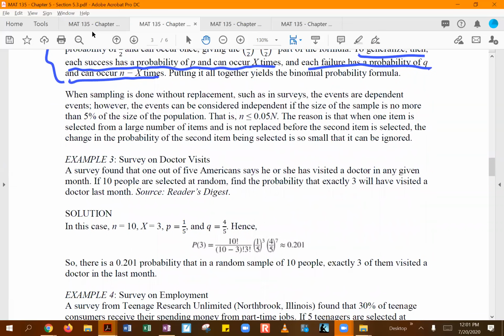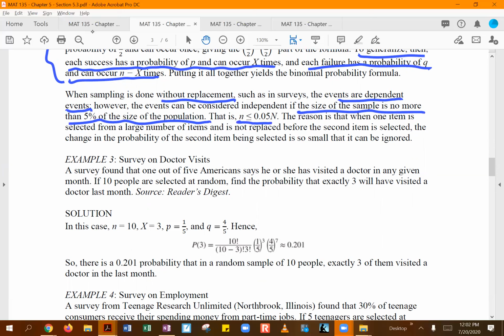And of course, when we are talking about sampling done without replacement, remember this is where they will have dependent events. However, the events can be considered independent if the size of the sample is no more than 5% of the size of the population.